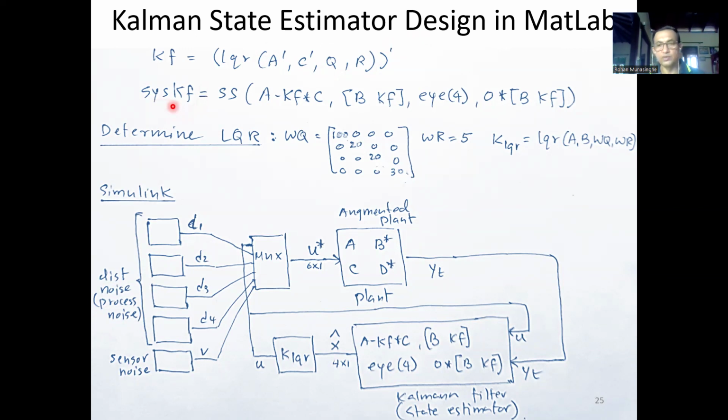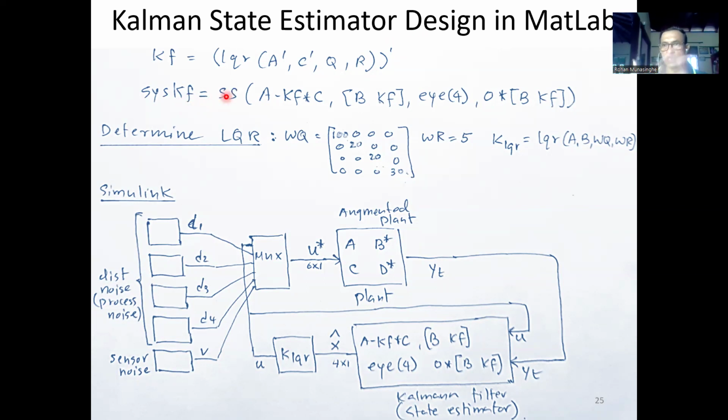And you can generate your system now with the Kalman filter, the system and the Kalman filter together as a combined system, using this command: a system with KF using the state space command.